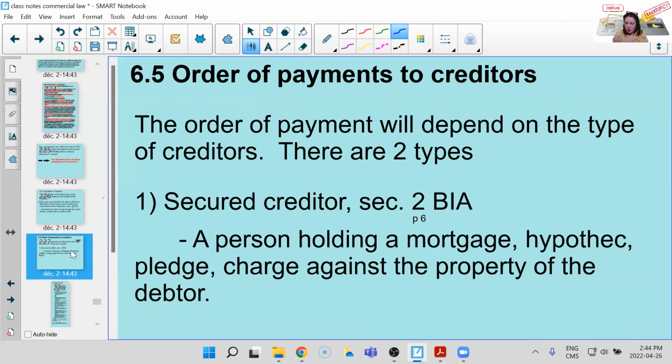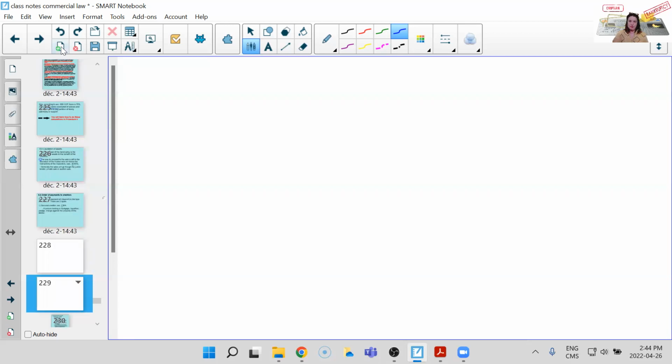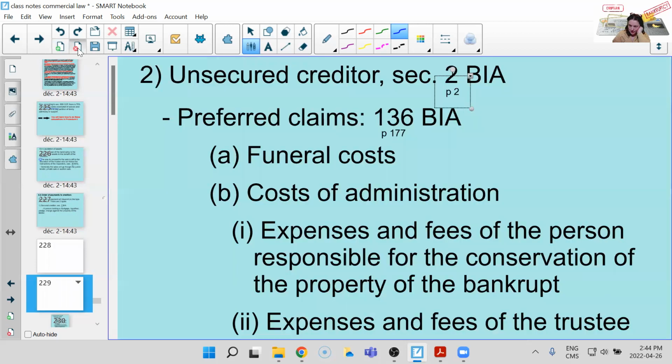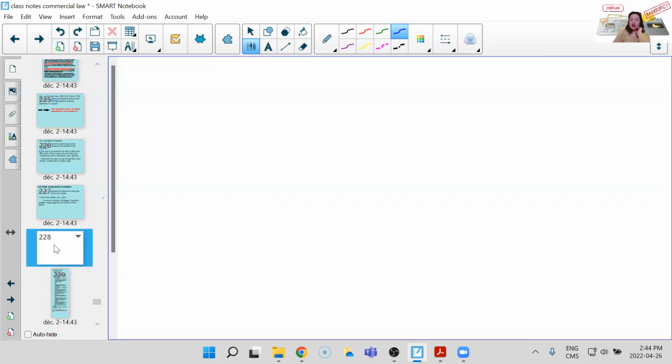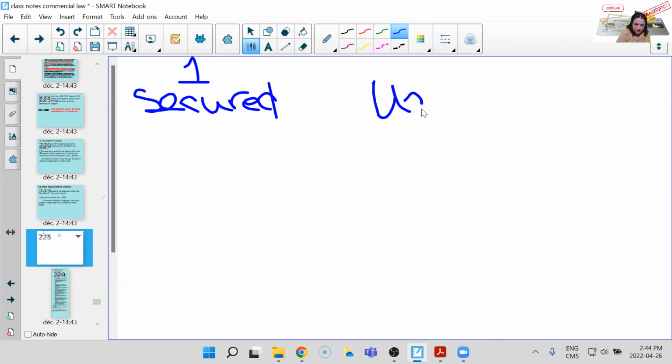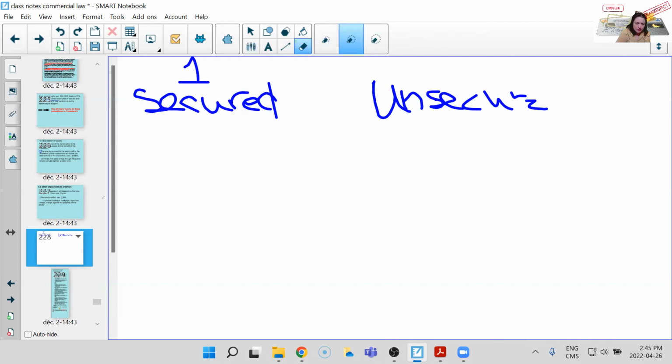Before we go into the definitions, I think I'm going to add a slide right here. I've added 2 slides, one too many. So you have the secured, we'll call them category 1. In the second portion, you have the unsecured. Sorry about that. I'm not winning any prizes this afternoon with my handwriting.